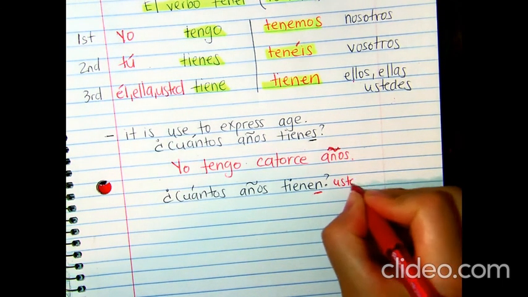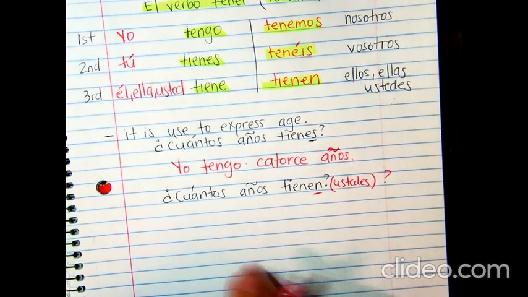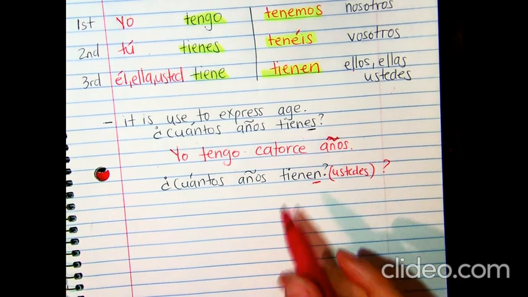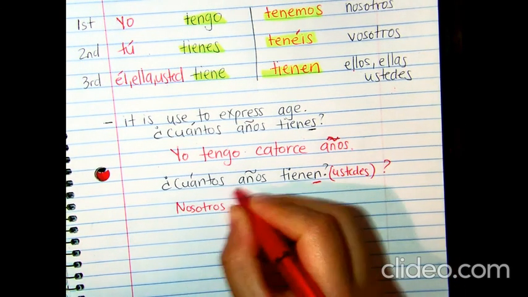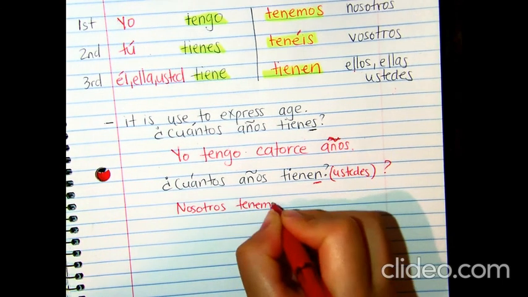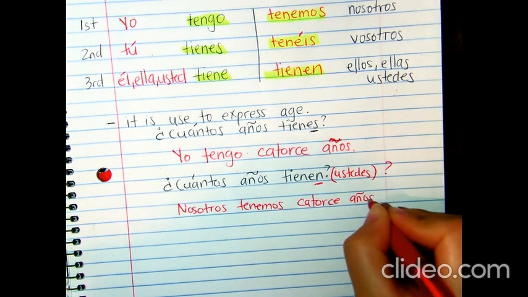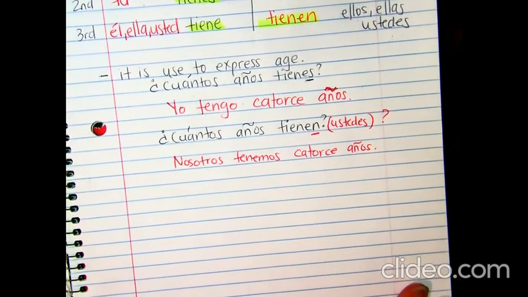Sometimes you'll see ustedes at the end of the question. So when you have an ustedes question, you will always answer in the nosotros form. You say nosotros tenemos 14 años. Okay? Always. This is like a rule. Okay? Bien.